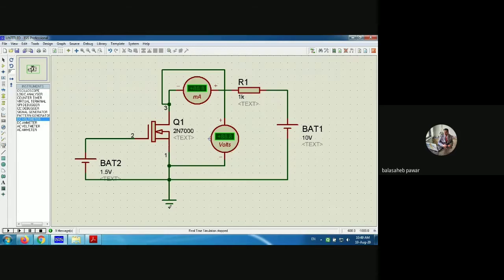Which is responsible for conducting current from drain to source of the device. And we observed the same thing practically also, right? Okay. Now the question is, instead of applying a positive field to the gate, or VGS as positive, if I apply VGS as negative, what will happen?